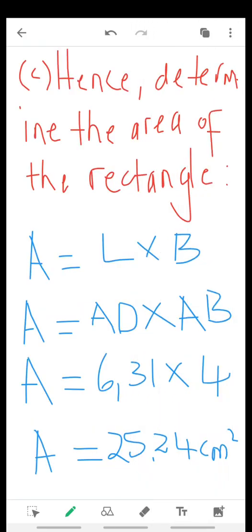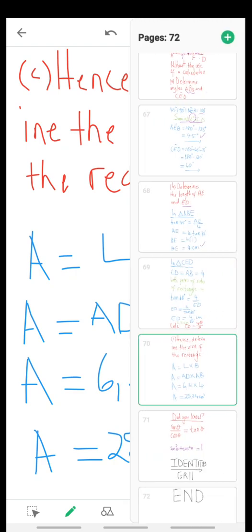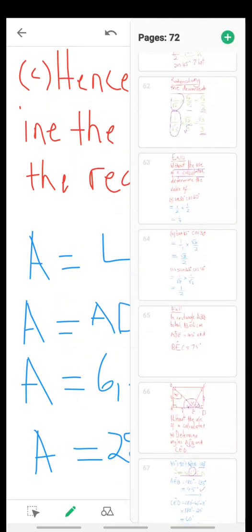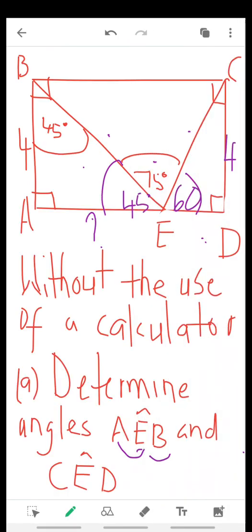Now, the last question to this problem, they're saying, hence, determine the area of the rectangle. Remember, how do we calculate the area of a rectangle? Area will be length times breadth. Now, let's go back to our diagram. From our diagram, what will be the length of this rectangle? It will be AD, the length. Then what will be the breadth of this rectangle?